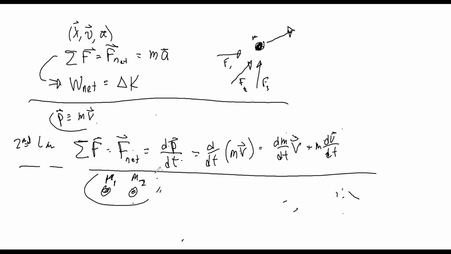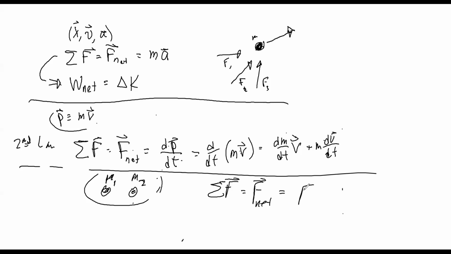So this is a system, then we would say that the sum of the forces on this system, on both masses, or F net for the system, will be equal to what?